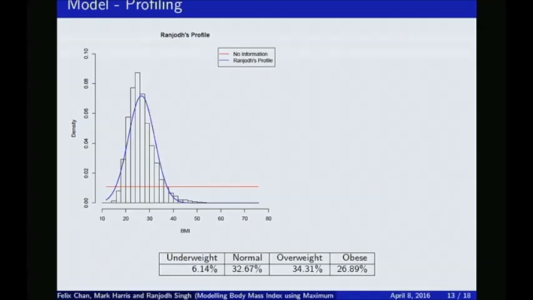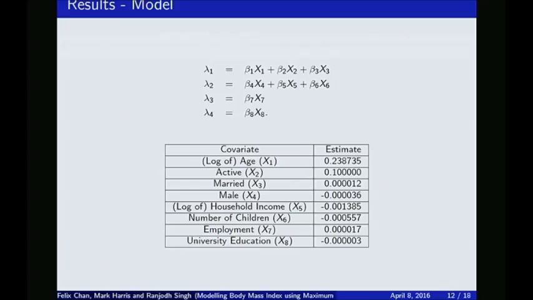By the way, before I move on, Ranjon is in his early to mid 30s. He's relatively active. He is married. He is male. And his household income, as a poor PhD student, I'm pretty sure you know what that's like, is on the low side.